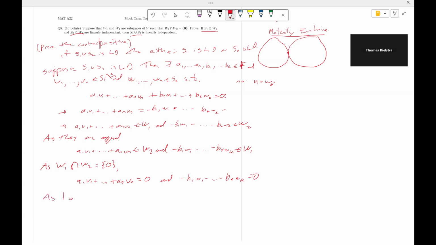As at least one of these constants is non-zero, either S1 is linearly dependent or S2 is linearly dependent.